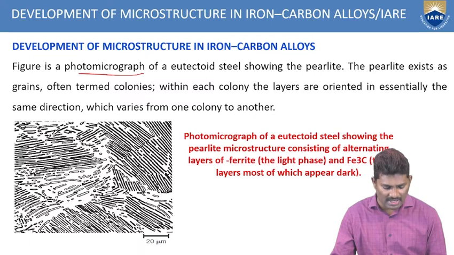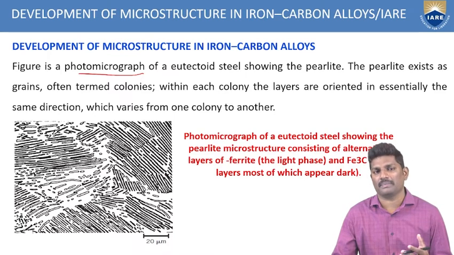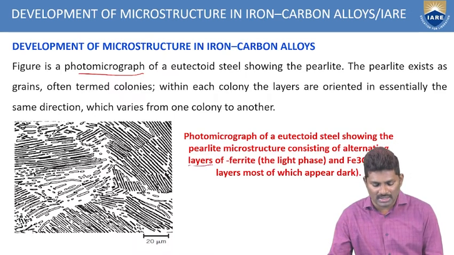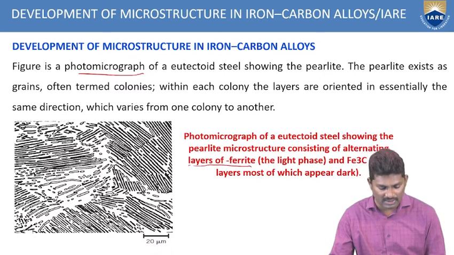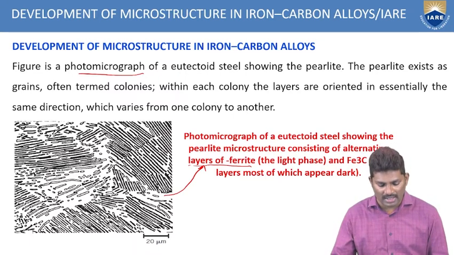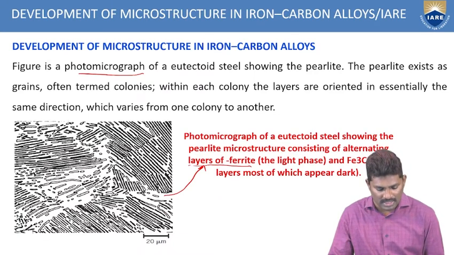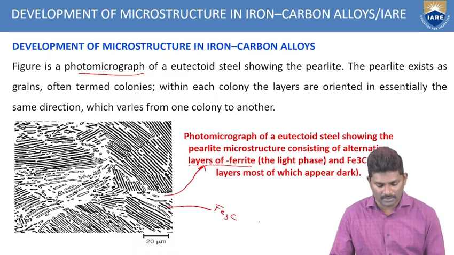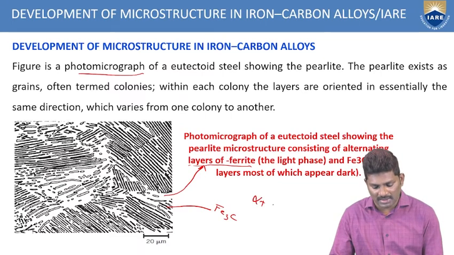You can clearly see black, white, black, white, black, white, alternately arranged. Wherever you see the light phase, these are the layers of ferrite, and the dark are the Fe3C. The combination of these two, alpha plus Fe3C, is called pearlite.